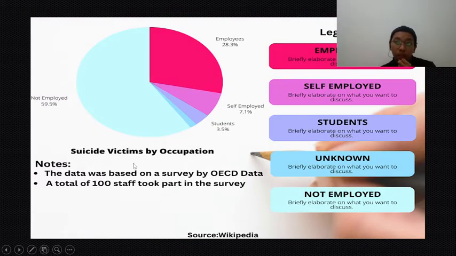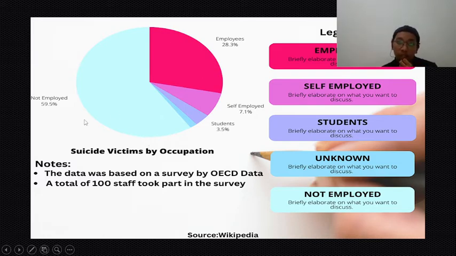This is the last slide of today. This is the pie chart showing the suicide victims by occupation in Japan. The red is for the employees, the purple is for the self-employed, the light purple is students, the little bit of dark blue is the unknown, and the light blue is the not employed.